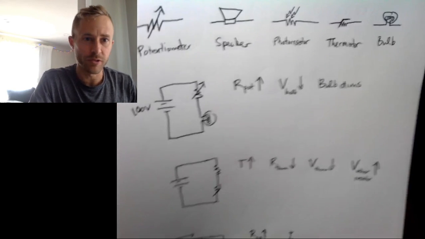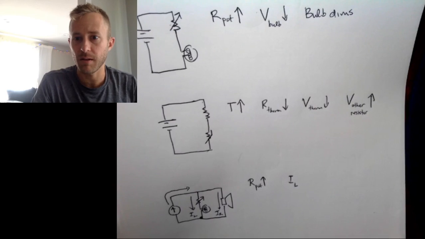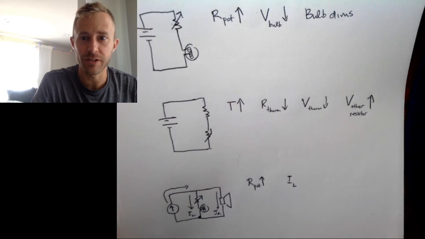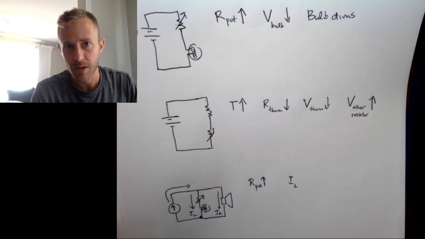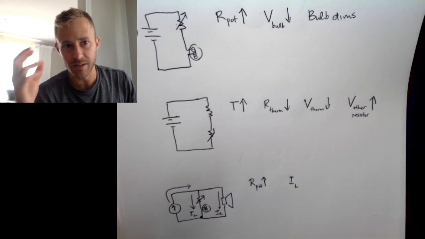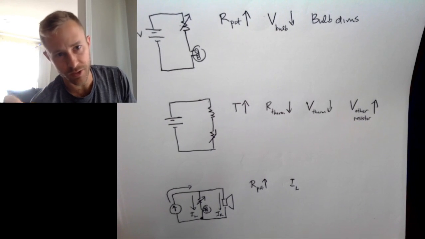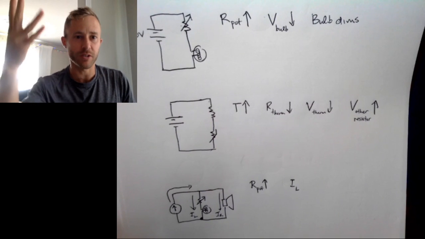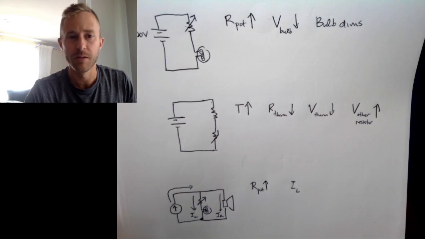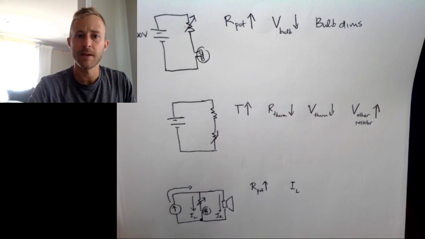All resistors have a slight variation in resistance with temperature. But with a thermistor, you are making the resistor out of a material that has a really strong dependence on the number of electrons that are released with temperature. So it depends on the material that you make it out of.